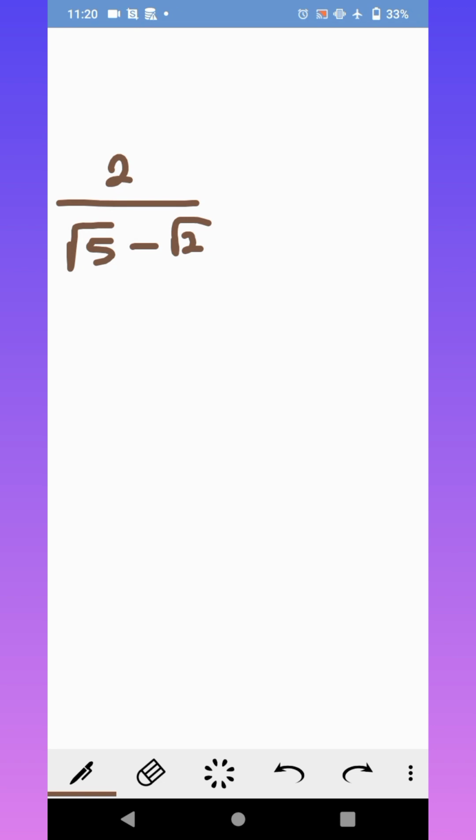All right, so in this case, let's rationalize this. Rationalizing simply means removing the surd or the radicals from the denominator. So we use the same expression to multiply up and down, but with the opposite sign, and it's called the conjugate.